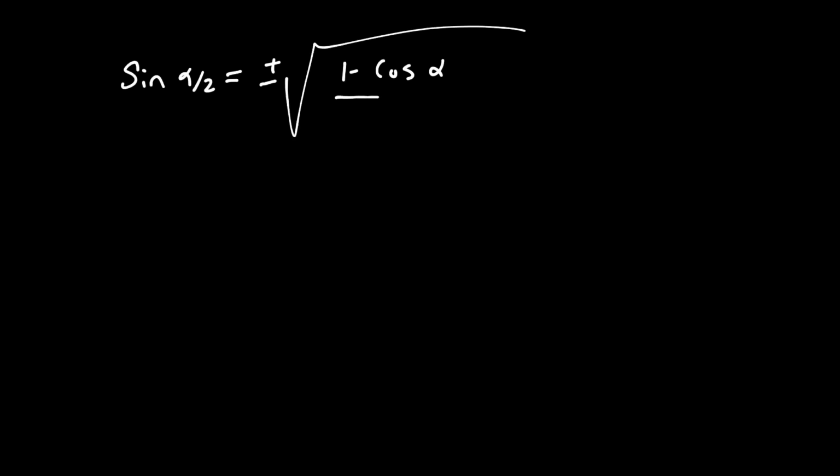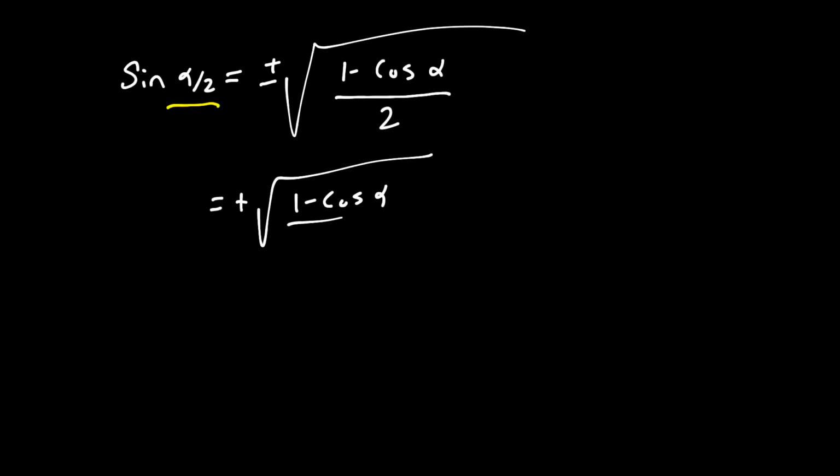This time we have sine of alpha divided by 2 is going to be equal to plus or minus the square root of 1 minus cosine of alpha, divided by 2. Again, since alpha divided by 2 is in the second quadrant, our sine is going to be a positive number, and so this is going to be equal to the positive square root of 1 minus cosine of alpha, divided by 2.